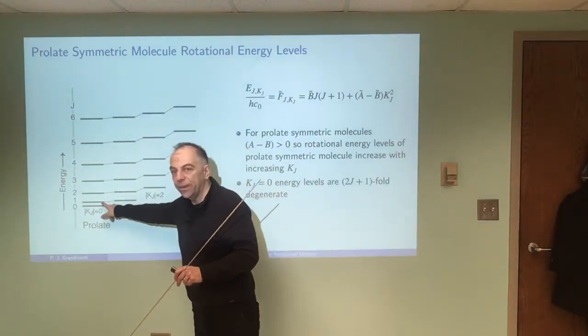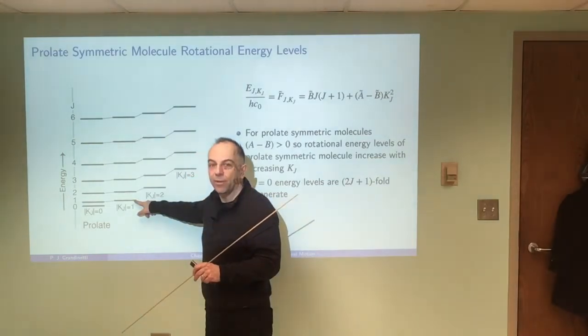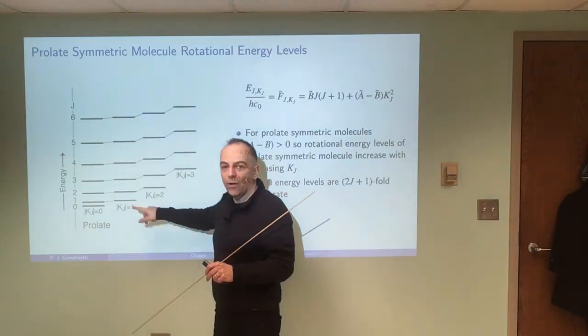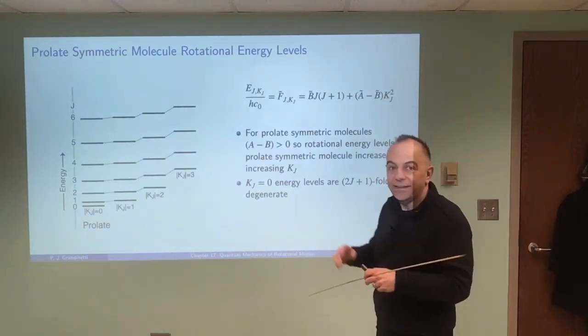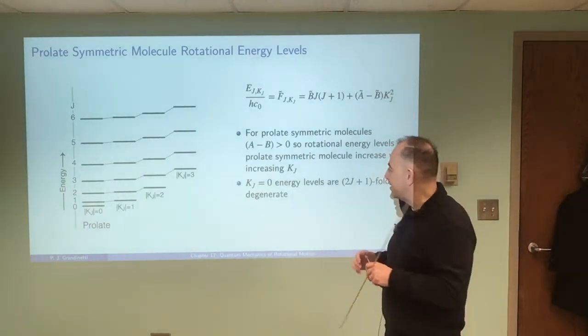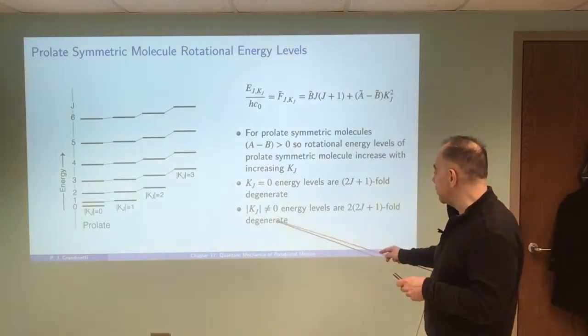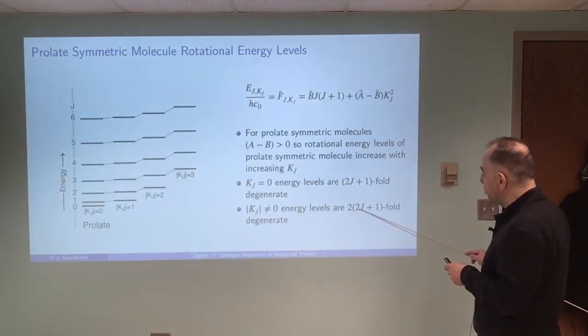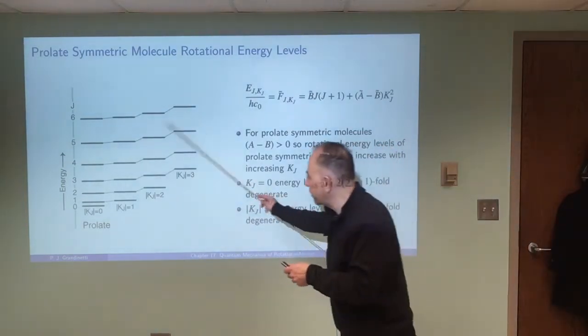So this one will be 3-fold degenerate, whereas Kj of plus or minus 1 will be doubly degenerate due to the Kj dependence here, and then additionally have the mj degeneracy. So whenever you have Kj not equal to 0, then you'll have 2 times 2j plus 1 fold degeneracy. Okay, so try to work that out for yourself.